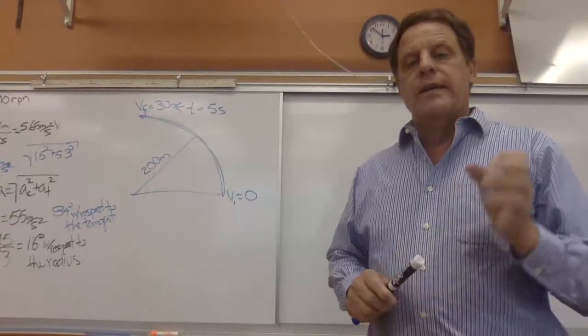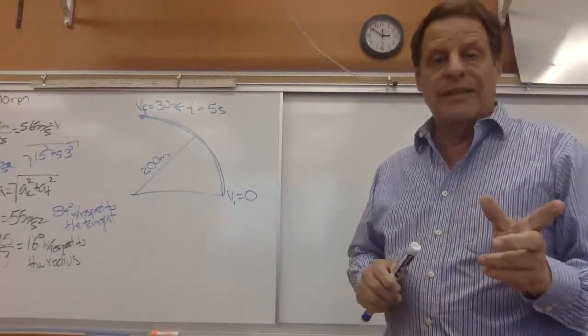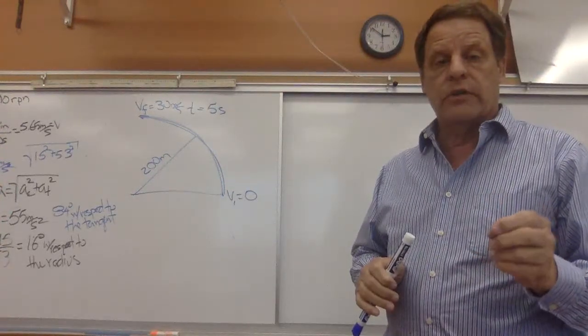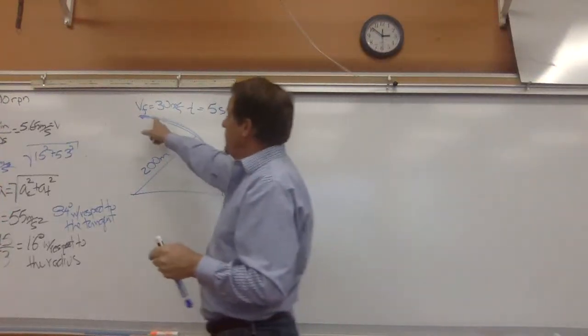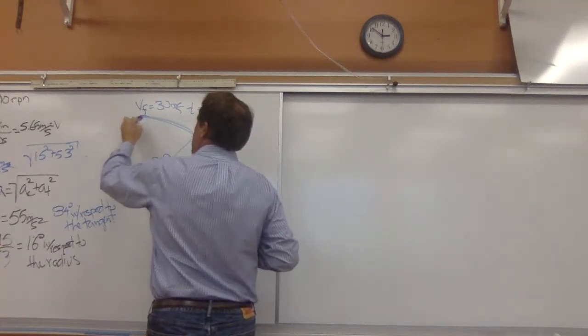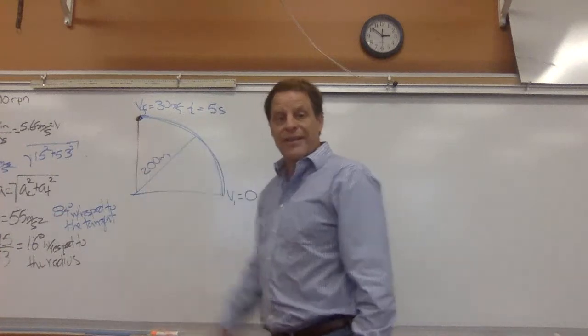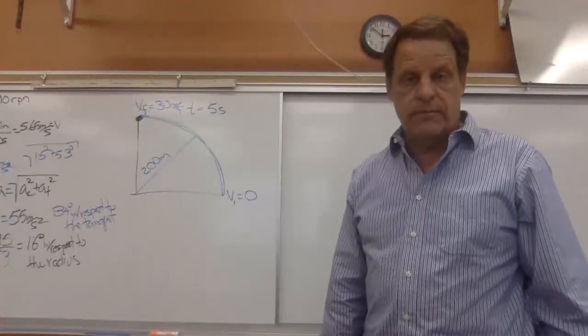Okay, so the velocity is obviously 0 here and 30 here. What I want to know is, what is the total acceleration here at the end of that curve?